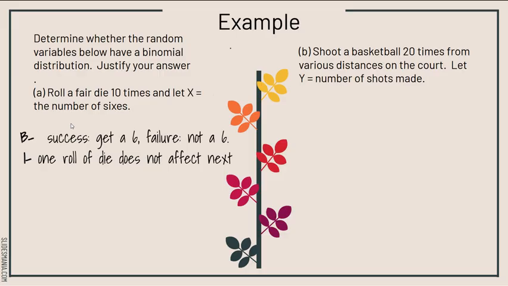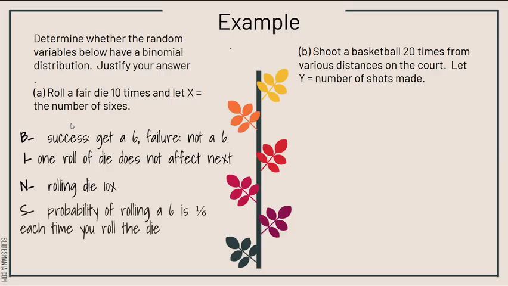One roll of the die does not affect the next, so it is independent. N: how many times did it say we were going to do these trials? It said 10, so rolling the die 10 times. And S: probability of rolling a 6 is 1 out of 6 each time you roll the die. So it is a binomial distribution. We checked our BINS.